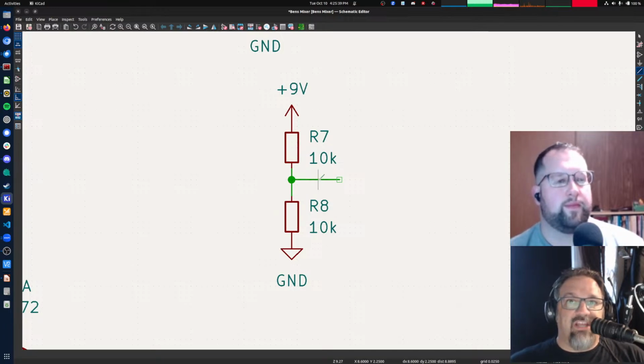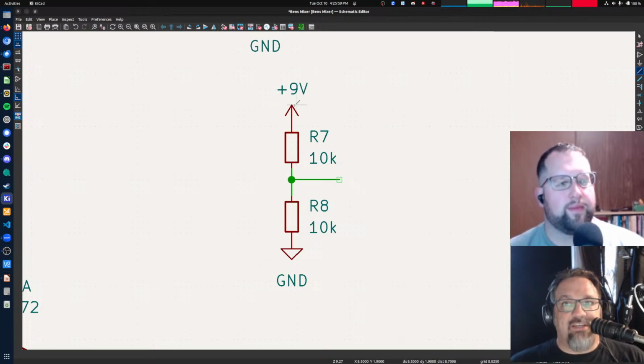This node right here is going to be 4.5 volts. It is going to be exactly half of this voltage here. If this voltage changes to 8 volts, this one will change to 4 volts. If this changes to 10 volts, this one will change to 5 volts. This is always half of our VCC. Okay? So that will always be perfectly centered between your input power and ground.